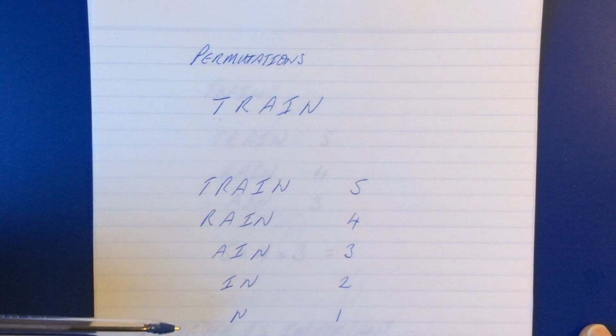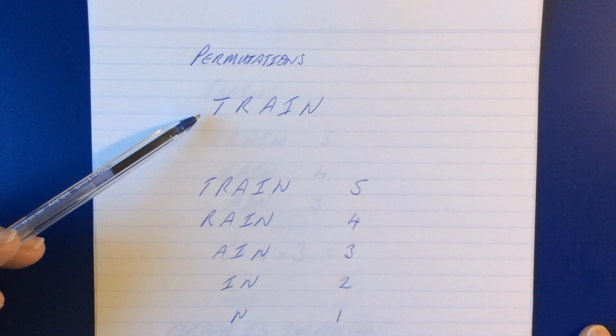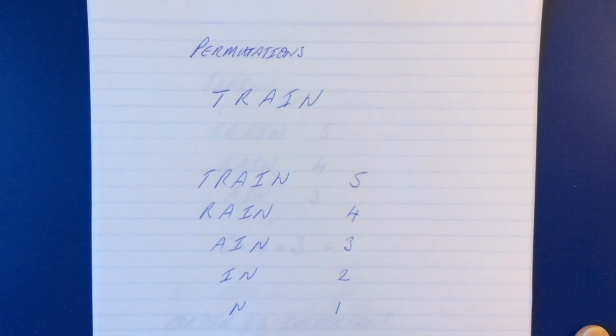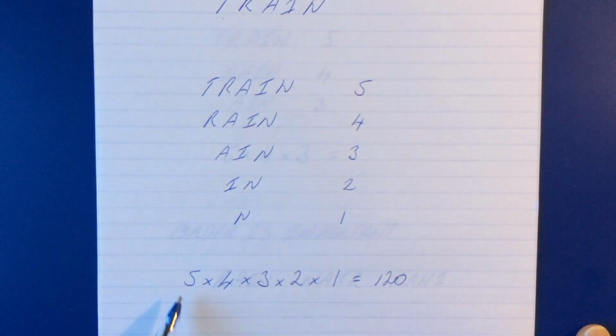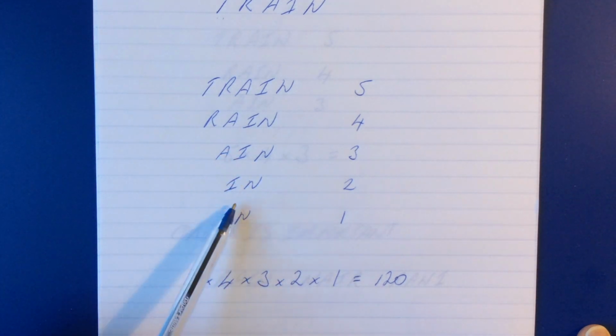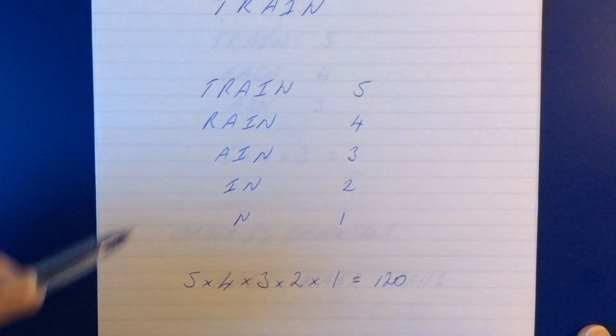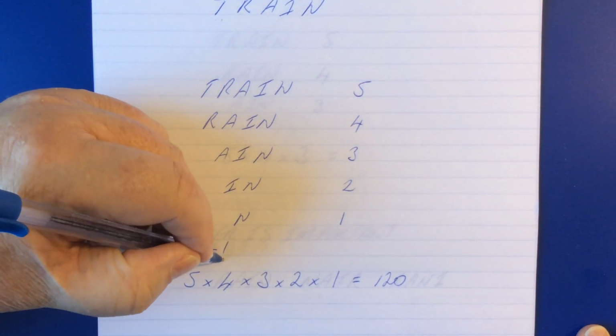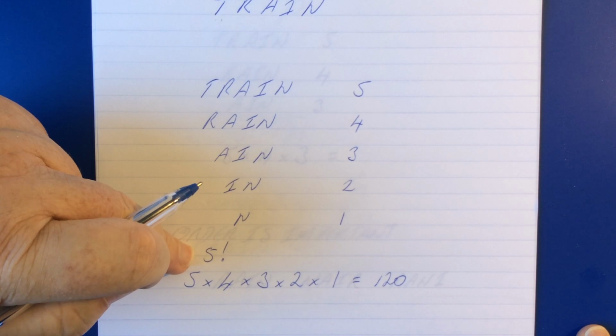Anyway, the way in which you work out the possible number of permutations or arrangements of the letters in this word is as follows. 5 times 4 times 3 times 2 times 1. Now, those of you who've looked at factorials before will recognize that this is 5 factorial.